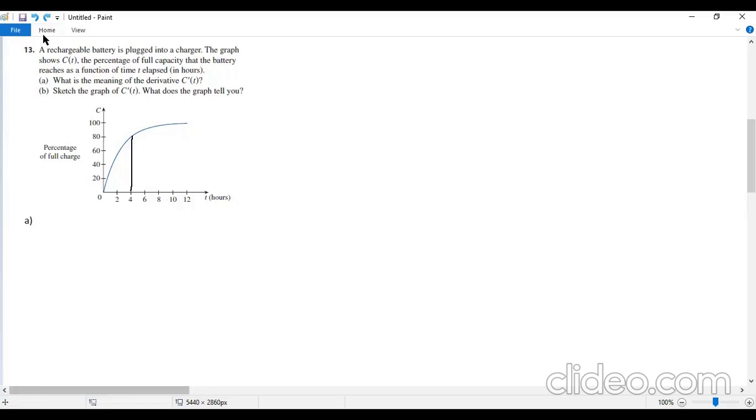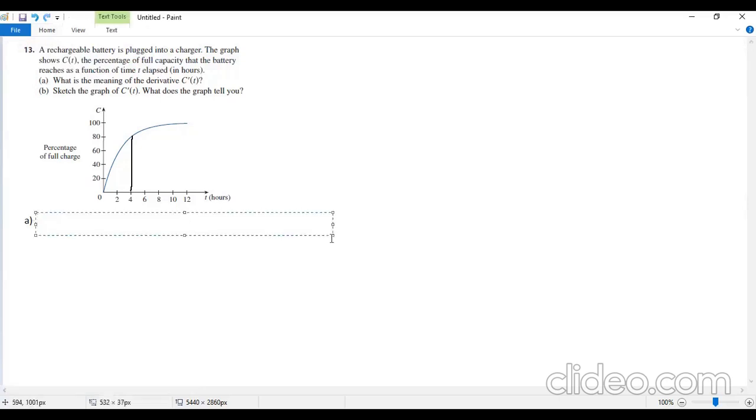So the idea here is, what is the rate of change at a particular instant with respect to two variables? We have the percentage of full charge and we have the hours. So what is the rate of change of percentage with respect to time at a particular instance?